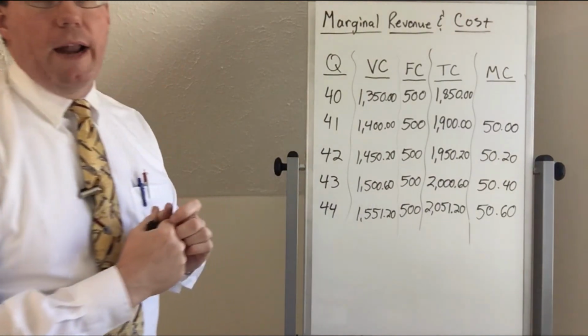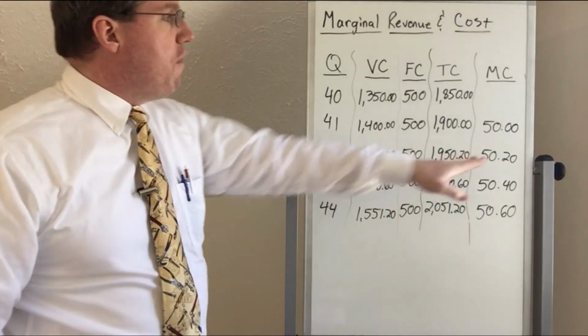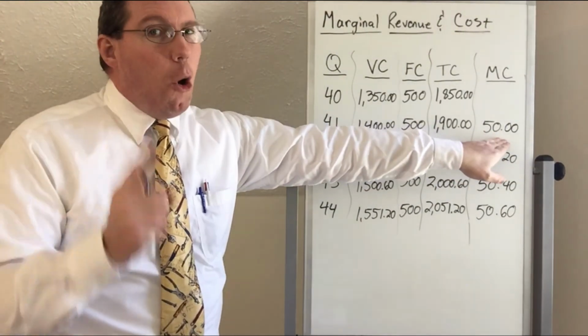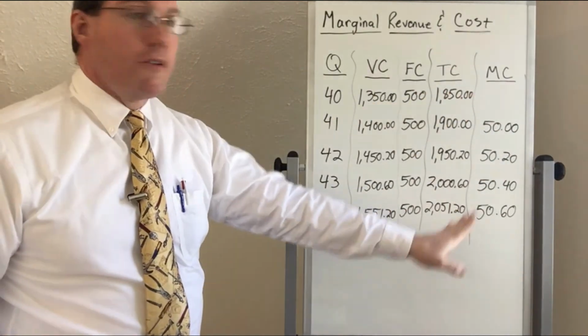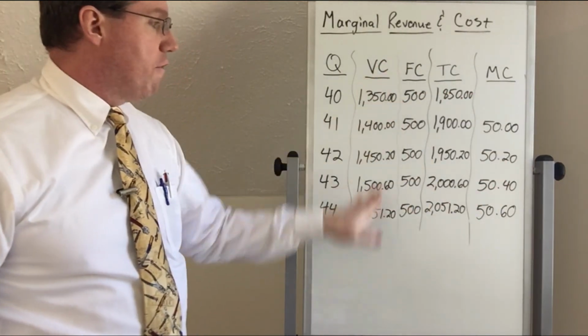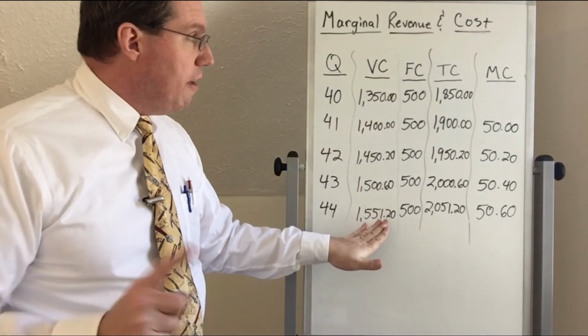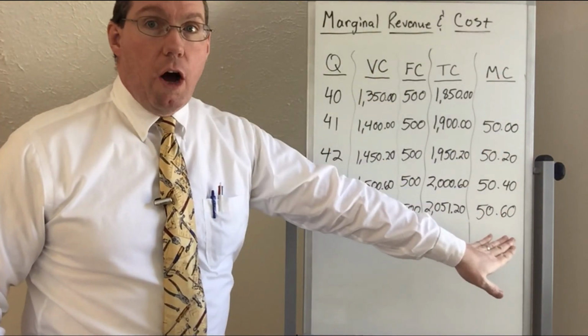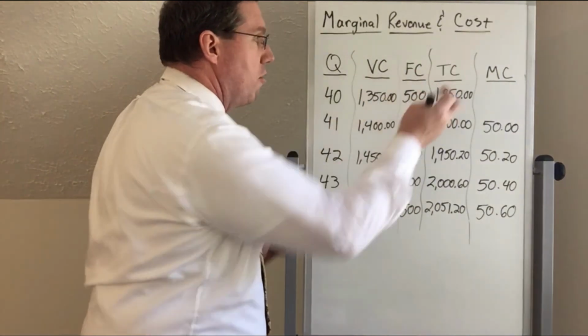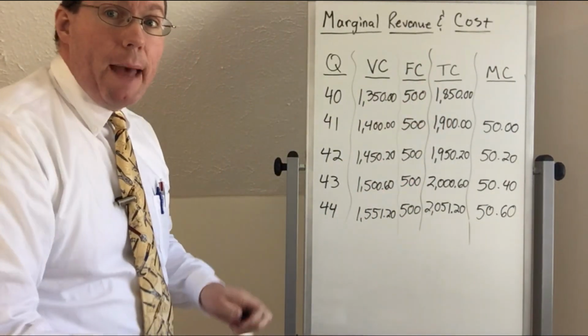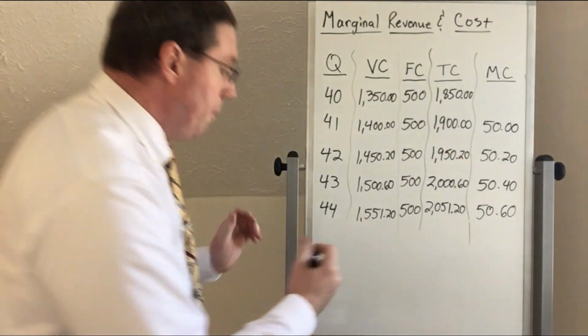And here's what I want to point out, is that you can find marginal cost not only from total cost, you can also find marginal cost from variable cost. And you can find variable cost if you already know the marginal cost. These two, variable cost and total cost, are going up by the same amount. So I'm going to give you one more formula.